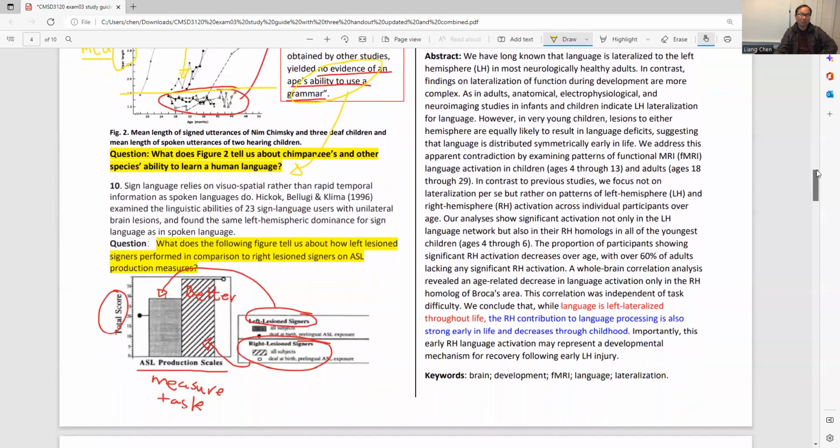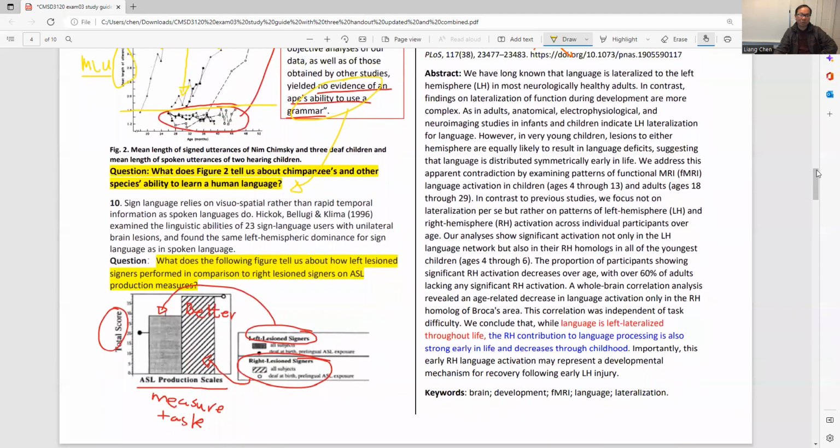Number 10. That's very straightforward. Now we're comparing the ASL production skills, and these are total scores, the higher the score, the better. We have two groups, left brain injury and right brain injury.